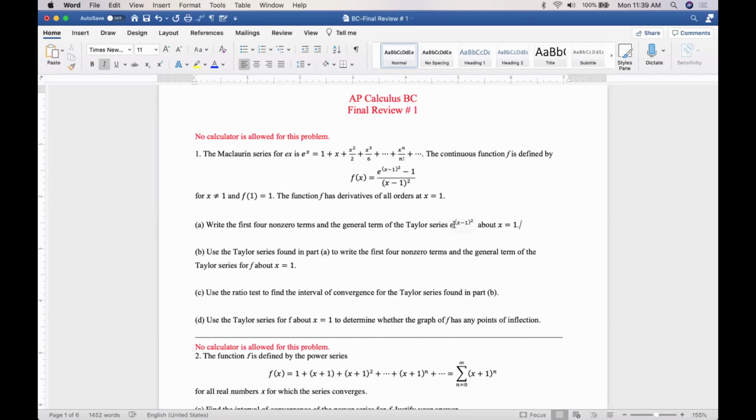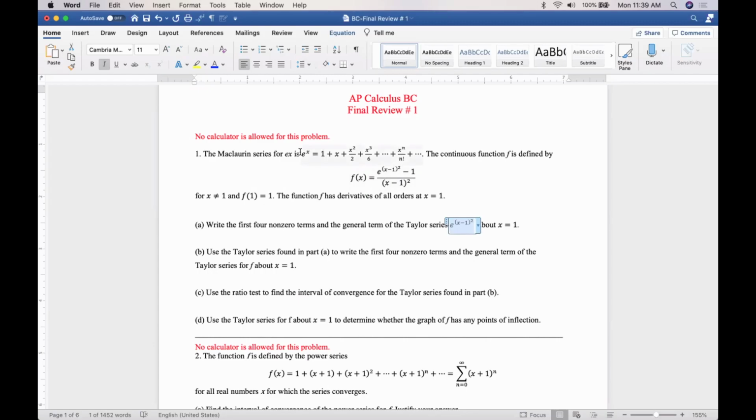How would you get this? Should I go and get derivatives for e to the (x minus 1) all squared and put them in the formula that we're supposed to memorize? Never. That would be way, way too hard. And no one should be doing that.